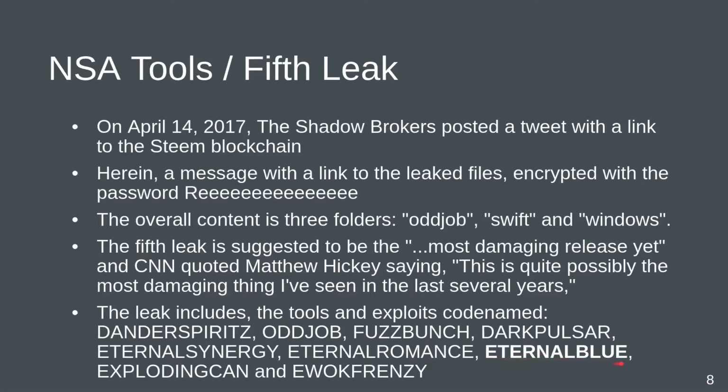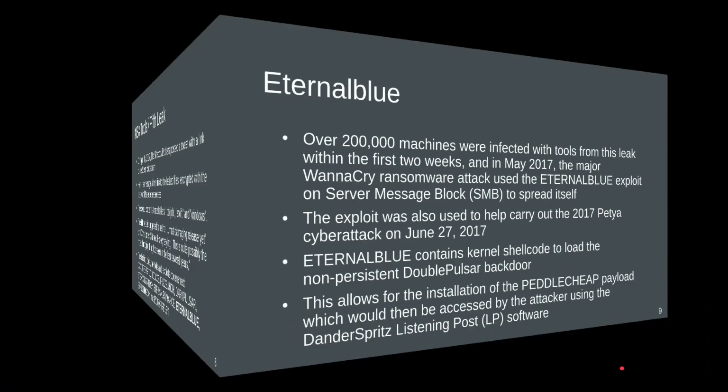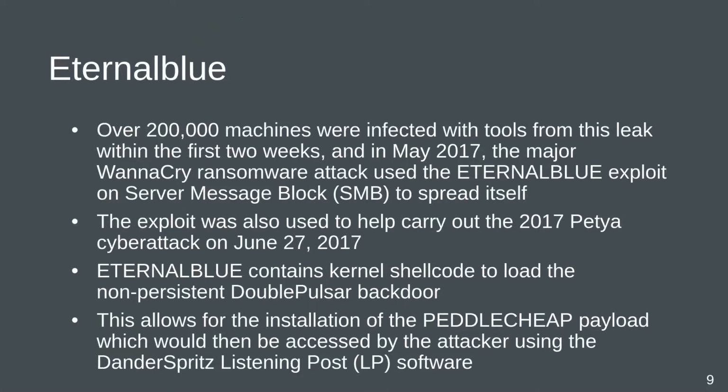And Eternal Blue is the particular exploit in Windows that is used to create a particular ransomware. It's an exploit against the SMB protocol. 200,000 machines were infected, and the Eternal Blue contains kernel shellcode to load a non-persistent DoublePulsar backdoor.